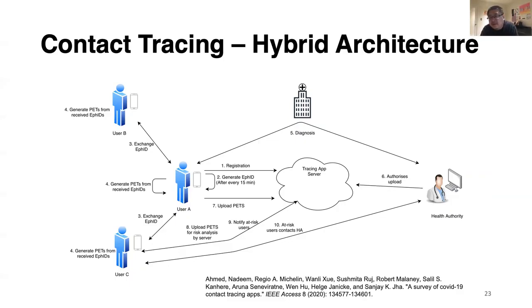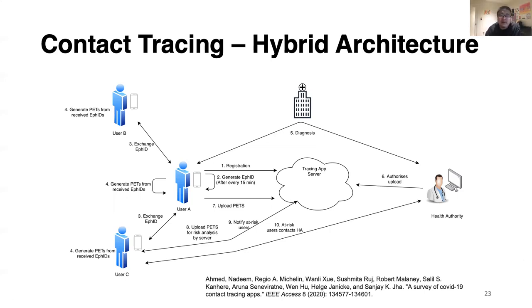Number two, risk analysis and notifications are considered sensitive processes that should be handled by the authorities, keeping the existing infrastructure resources and state of the pandemic in mind. And three, the uploaded encounter information from infected users is not made available to other users but remains only at the server. This is to avoid the user de-anonymization attacks possible in the decentralized architecture.